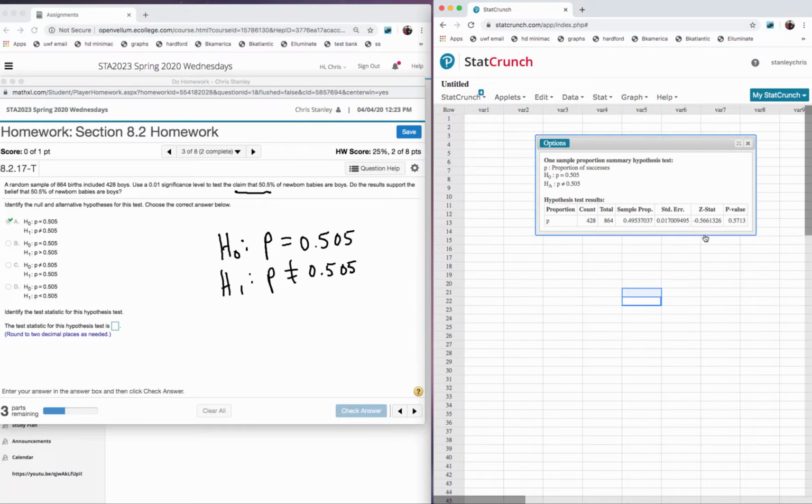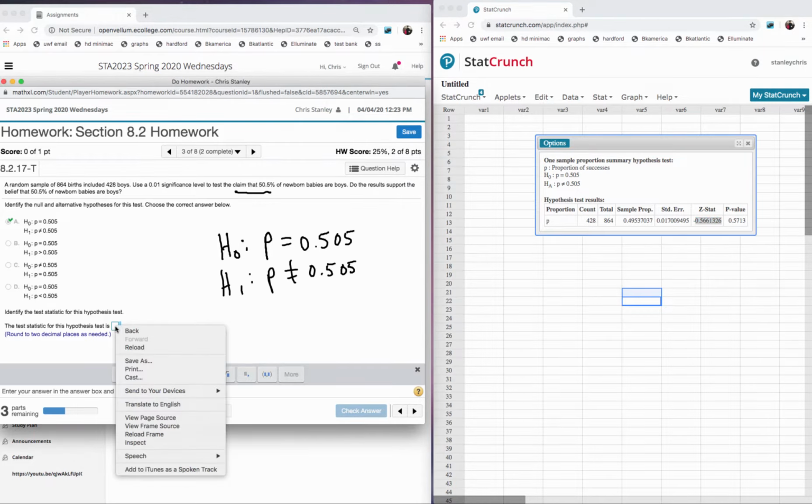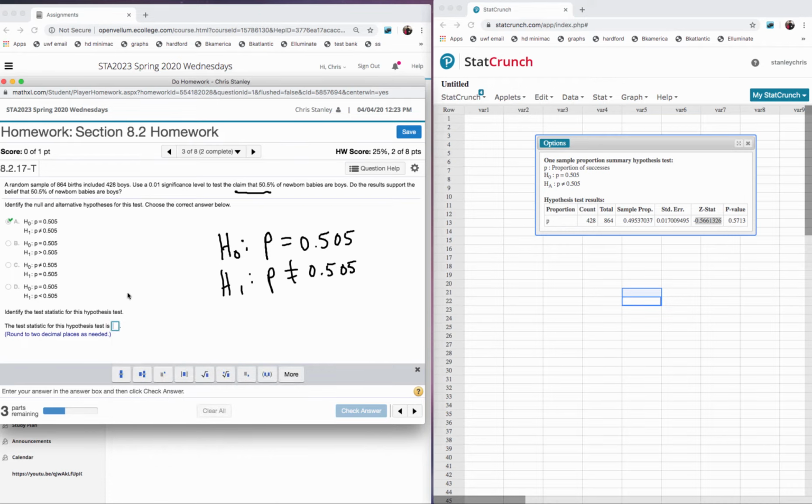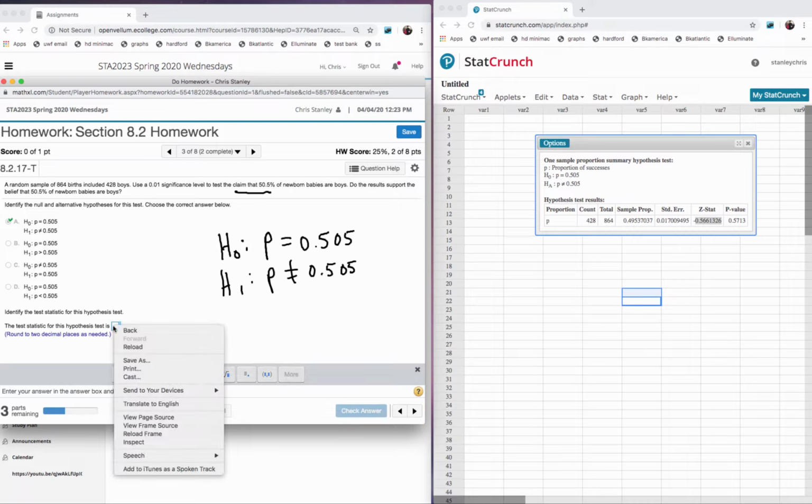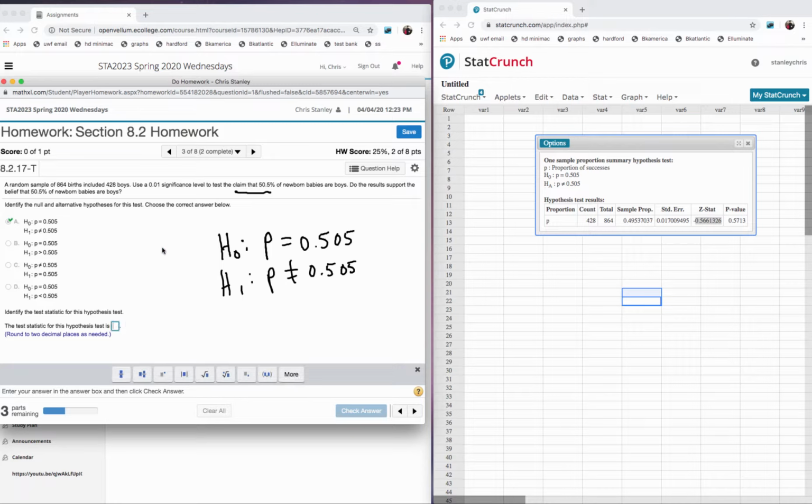Let me try a mouse, maybe that'll work better. This is how I usually do it. For whatever reason, it's like coming out of here for some reason. So how many decimals? 2 decimals, -0.57.